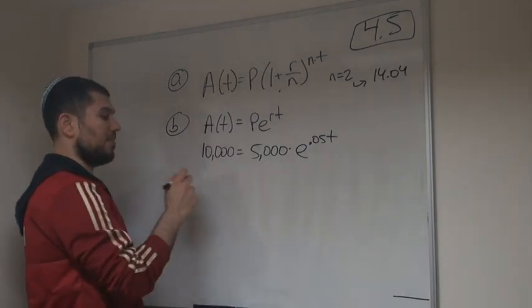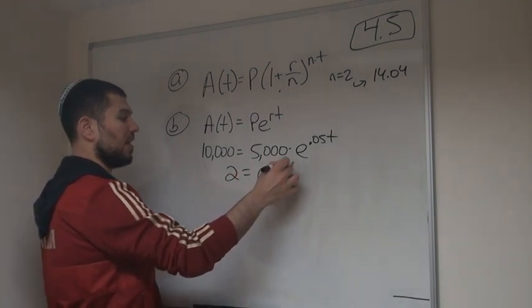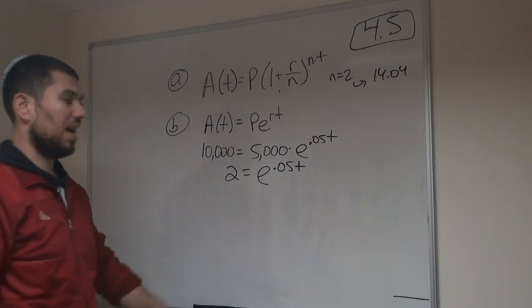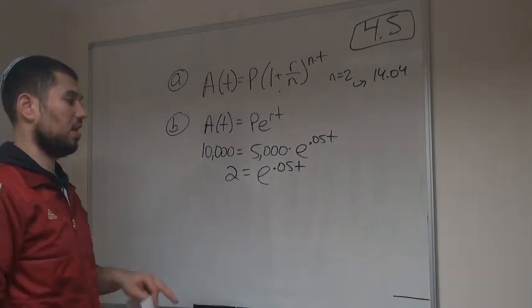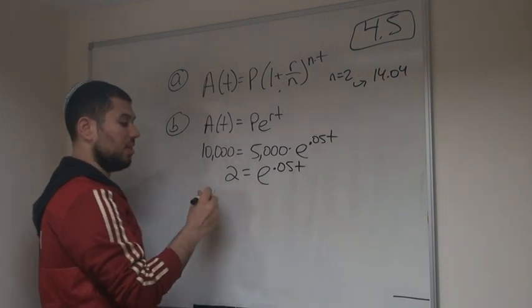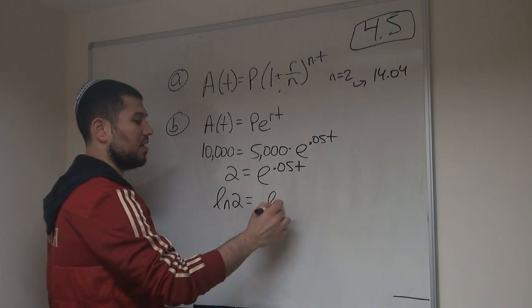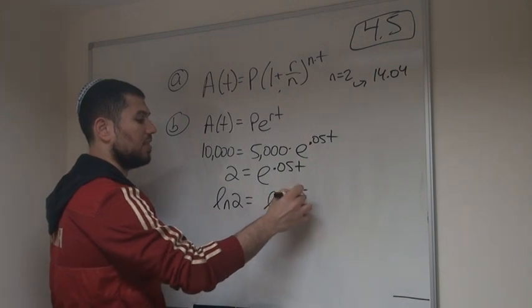Divide both sides by 5,000. 2 equals e to the 0.05t. How do I get the t down? I need to take the log of both sides. Since I'm dealing with e here, I'm going to do the ln of 2 equals the ln of e to the 0.05t.